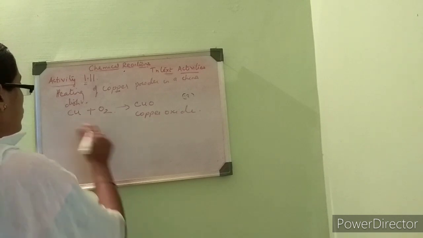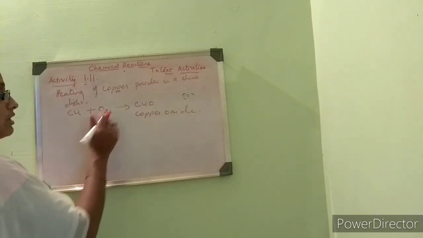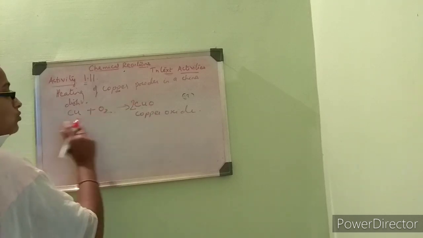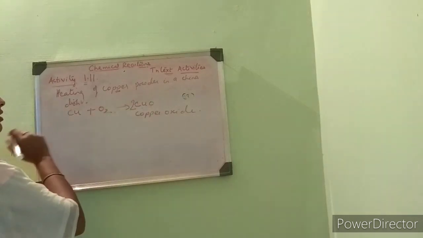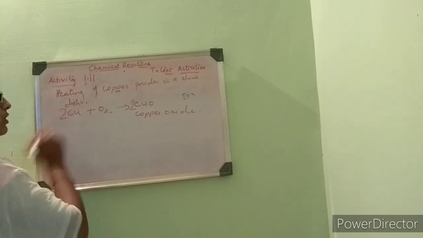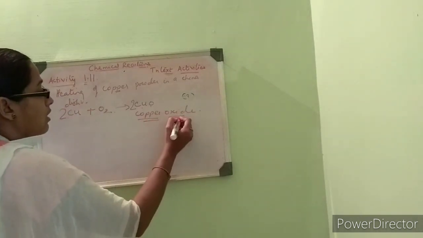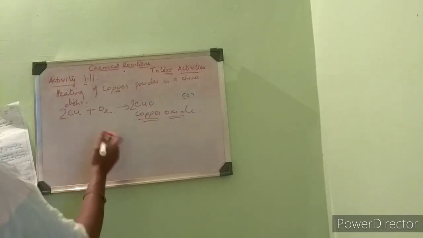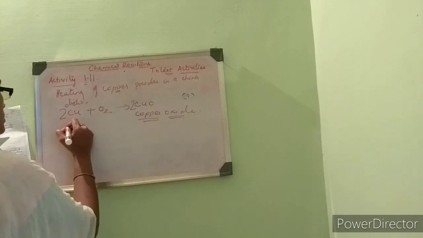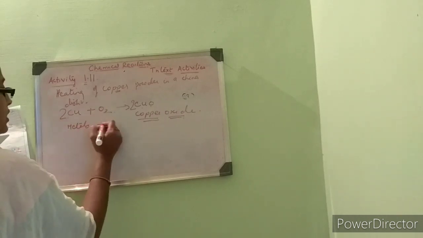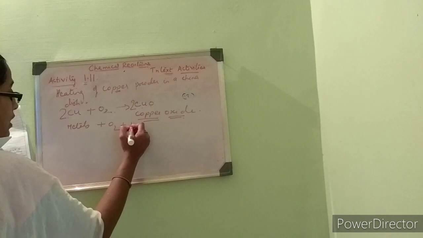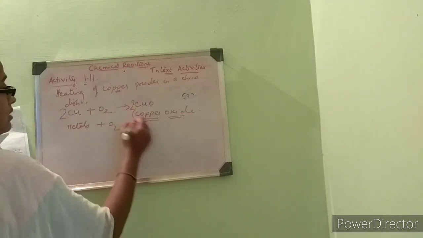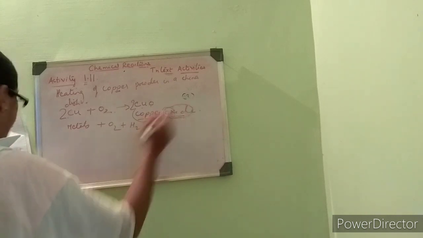So you have just written the equation, there is copper and oxygen. You can see that oxygen there are two, here it is only one. So if you make it 2, copper is again not balanced, so you can add 2. So it is copper oxide. Copper powder when heated, you can see that metals when heated with oxygen or hydrogen or any form of gases, it speeds up the reaction and it forms oxides.